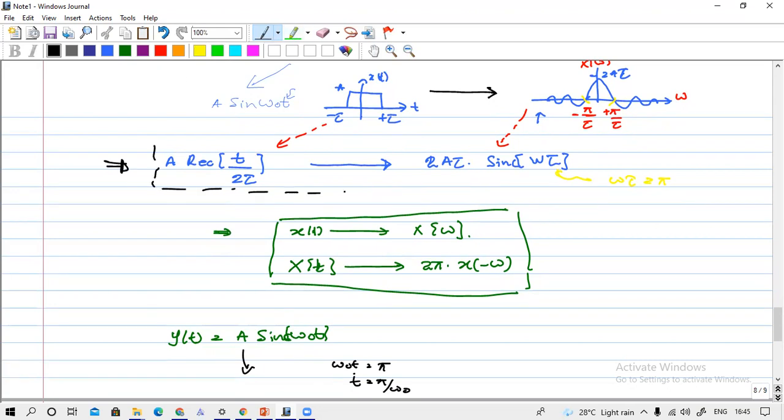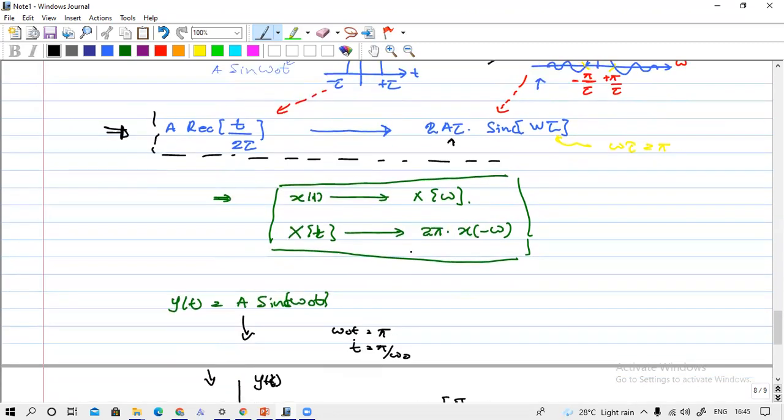So what you have to do is form this signal with respect to our given signal. You have formed this signal, 2Aτ sinc(ωτ).